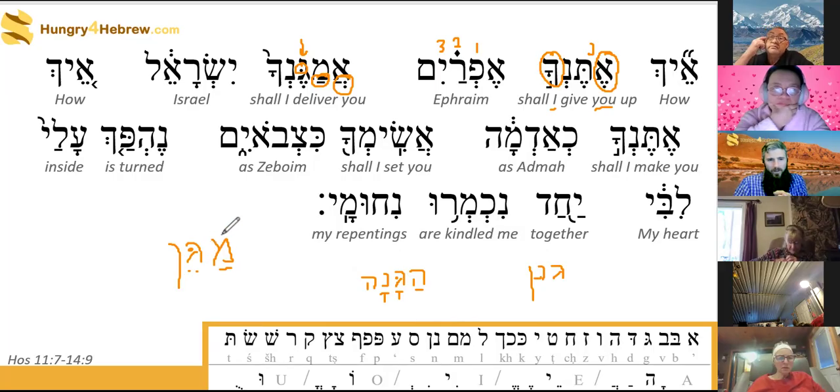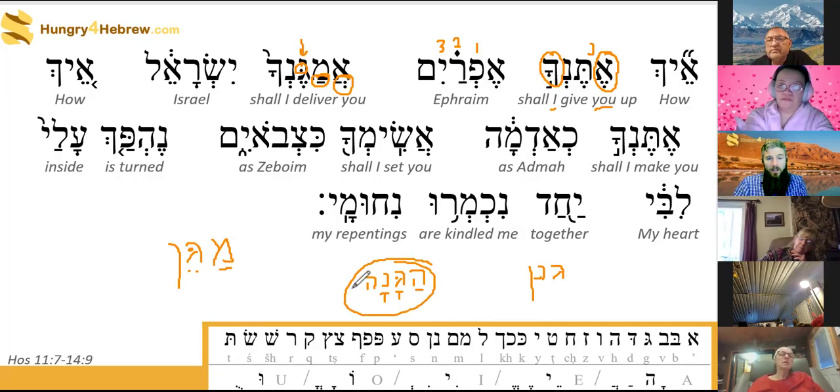So I'm wondering if the mem is a prefix, like in mishkan, a mem that turns it into a noun. So if the root is gimel nun nun and Haganah is the hifil shem peula, the noun representing the action.